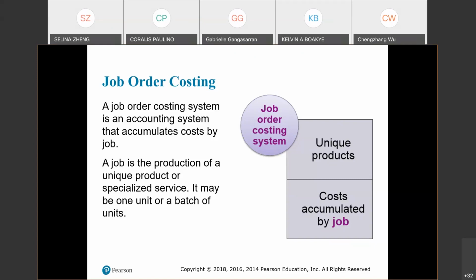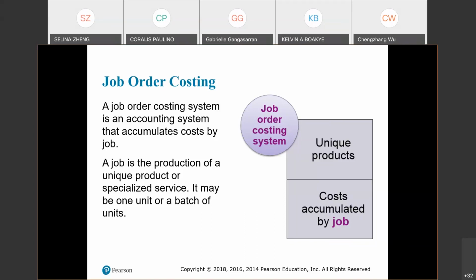An accounting firm might classify a job as preparing a tax return for a client. An example of a batch for a custom baker might be 3 dozen specialty cupcakes made for a wedding reception.